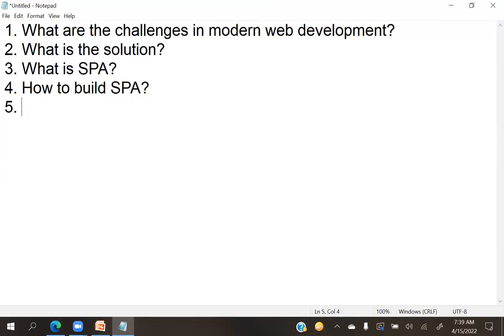And one more point, what are the issues with JavaScript and jQuery. These are the basic points we learned yesterday. In yesterday's session, we discussed what the challenges in modern web development are and how to solve them.